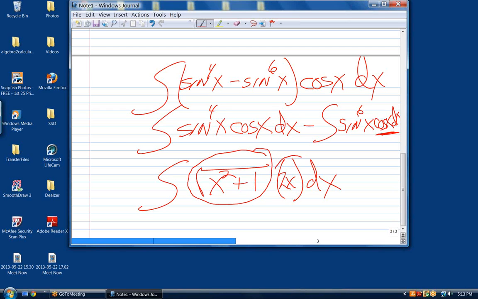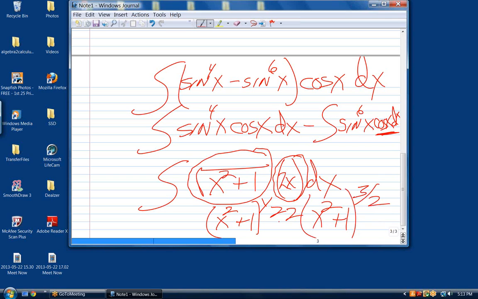And this is the derivative of the g of x part, the g of x being the inside. So this, again, I recognize as f of g of x times g prime of x, and I can just apply the power rule to x squared plus 1 to the 1/2, turning it into x squared plus 1 to the 3/2 multiplied by 2/3.